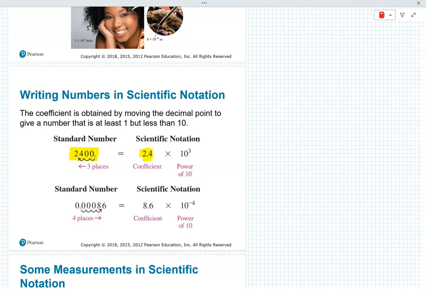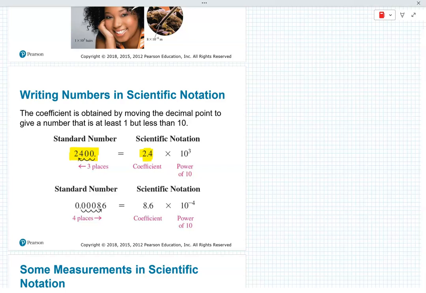The first number before the decimal point in scientific notation should be 1 or more, but less than 10. So 1 through 9. Okay? And then you write whatever numbers are left and multiply it by 10 to the power of how many steps to the left you took. We're gonna do some practice right now.